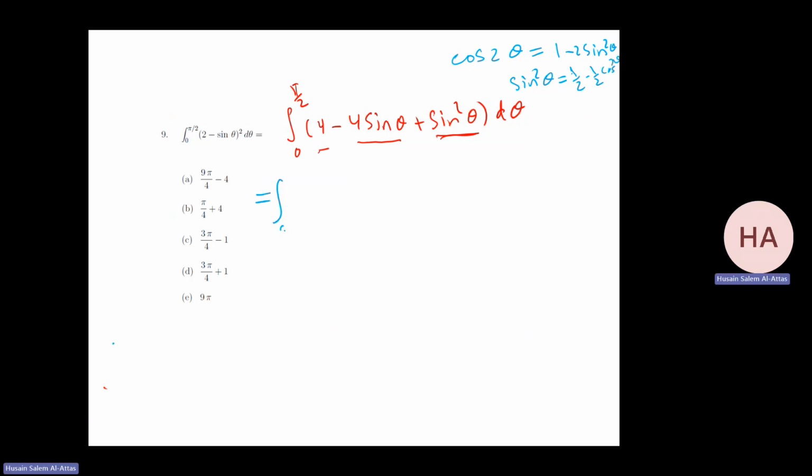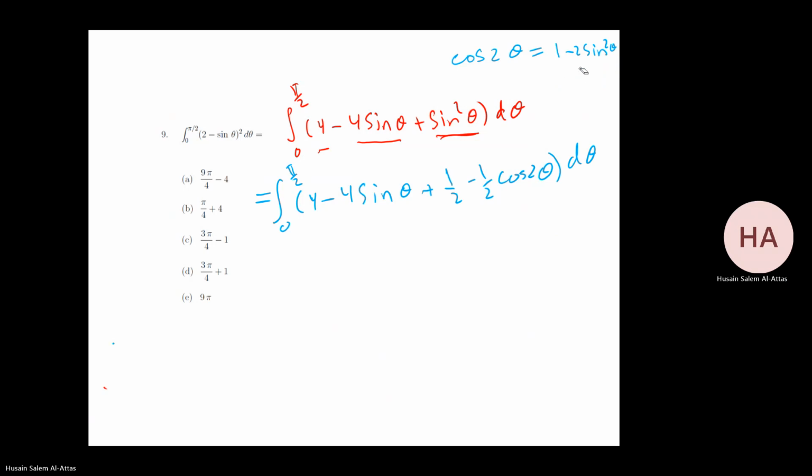So this integral will be from 0 to pi over 2, 4 minus 4 sine theta, which is easy to do, and this one I rewrite as half minus half cosine 2 theta. Now I can do the integration.